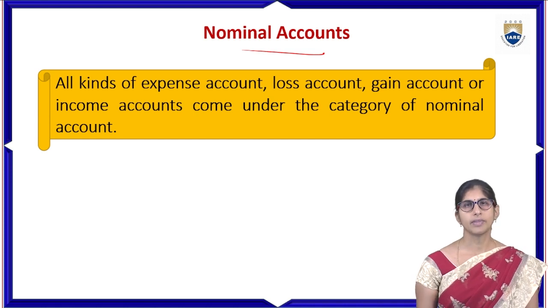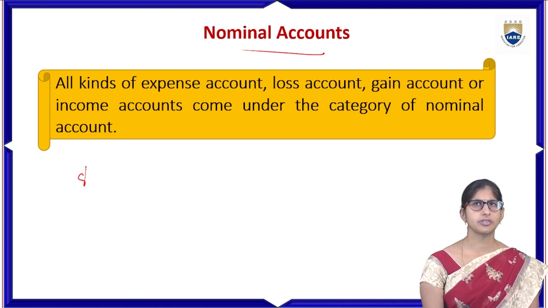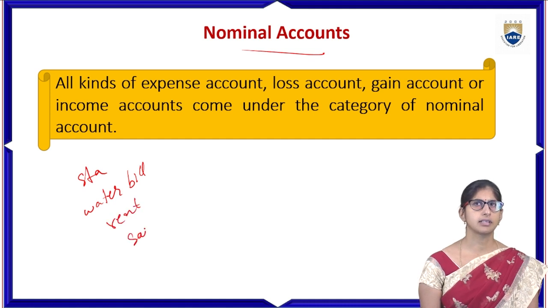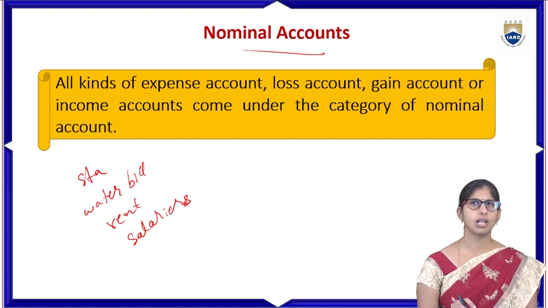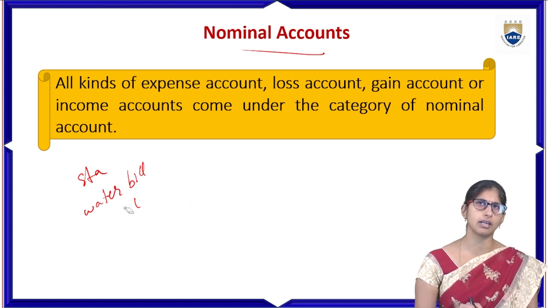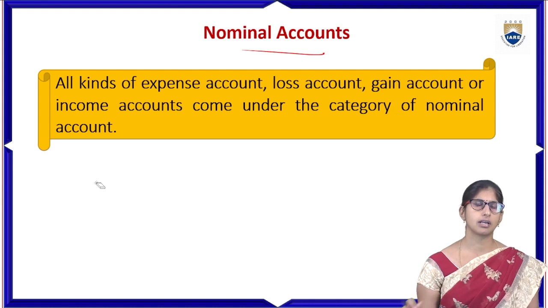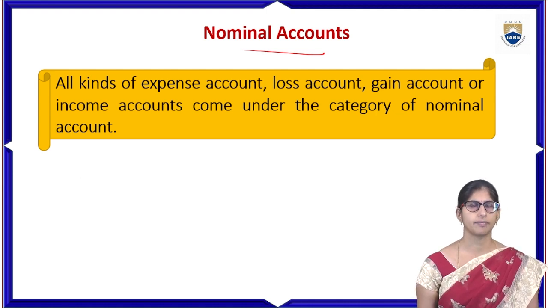Here stationery, water bill, electricity bill, rent, salaries: we pay all these regularly, so they come under nominal account. It can be income or expenditure.